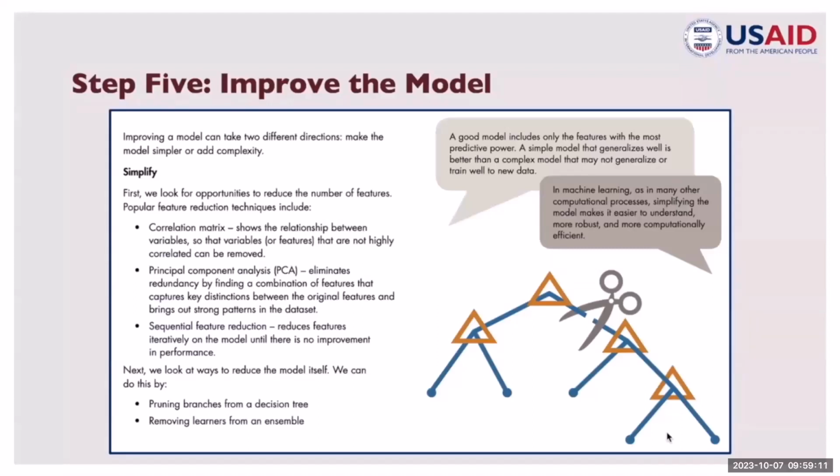In machine learning, as in many other computational processes, simplifying the model makes it easier to understand, more robust, and more computationally efficient. And please don't forget that. Again, having a very simple model makes it easier to understand.